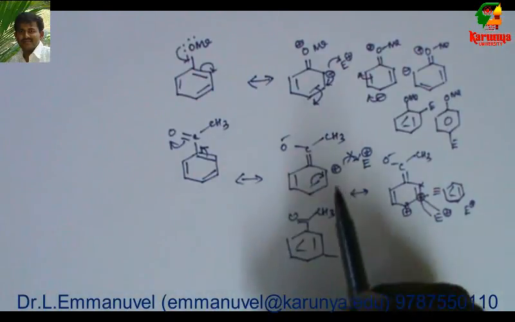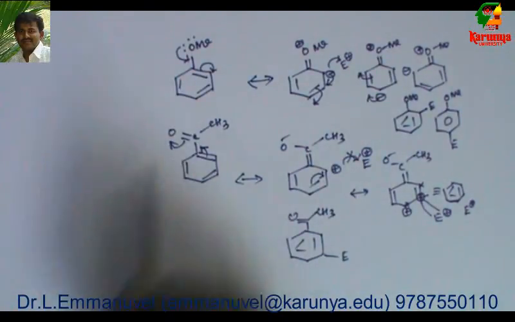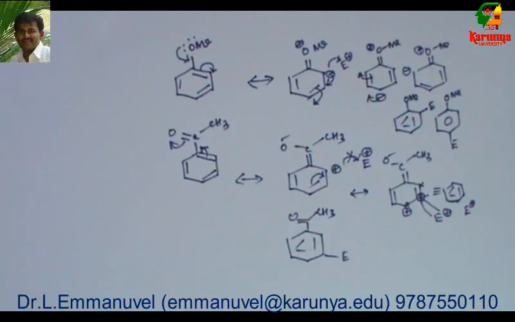The electron density on this carbon is not increased by this group. It remains unaffected. On the other hand, at the ortho and para positions, it got reduced. In the next video, let us discuss the effect of resonance and electronegativity on electrophilic species.